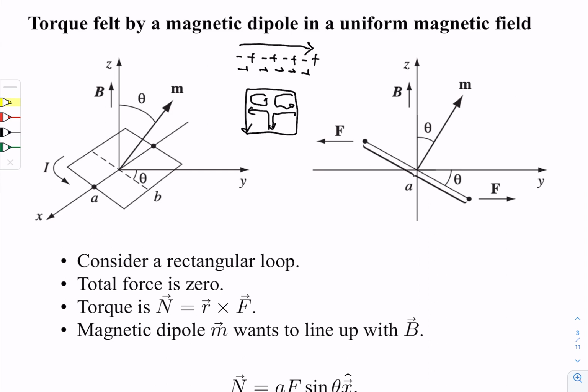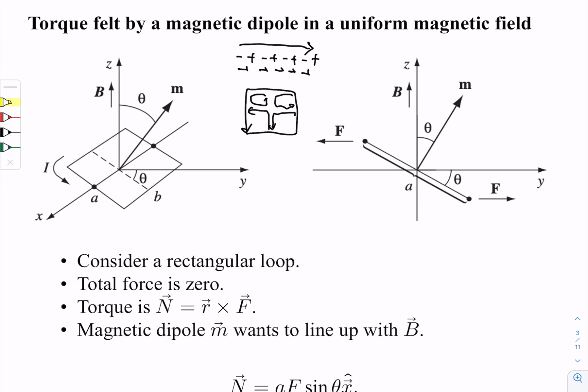For easy understanding, we study the interaction between a magnetic dipole and an external magnetic field by this simplified model. But remember that even though it's a simplified model, our conclusion still applies to generically shaped magnetic dipoles.